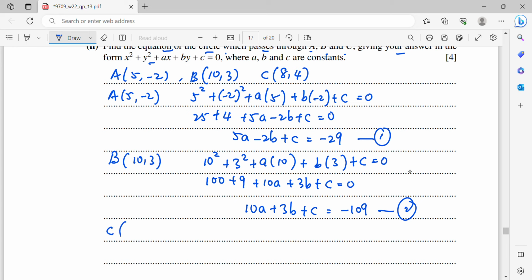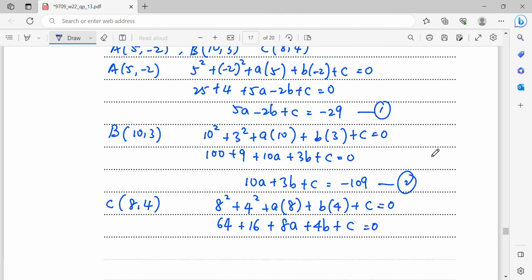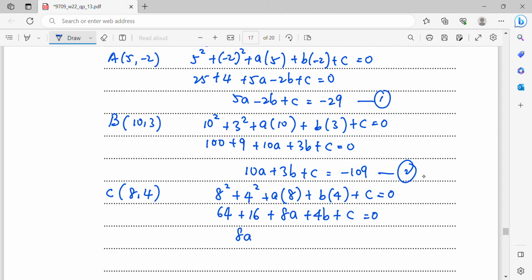Now for the point C with coordinates (8, 4). Again, 8 squared plus 4 squared plus 8a plus b times 4 plus c equals 0. So 8 squared is 64, 4 squared is 16, 64 plus 16 is 80.